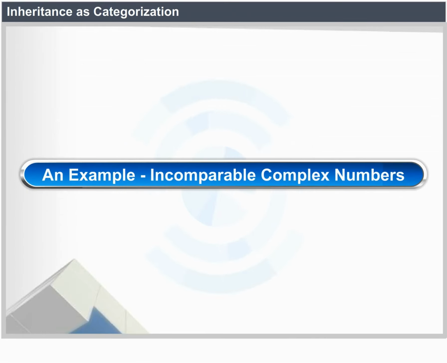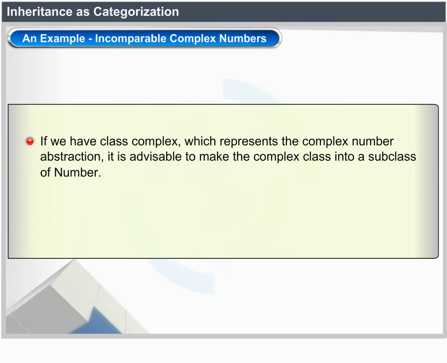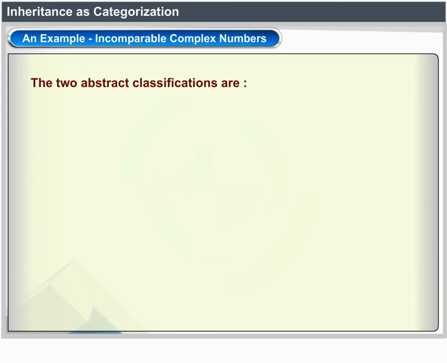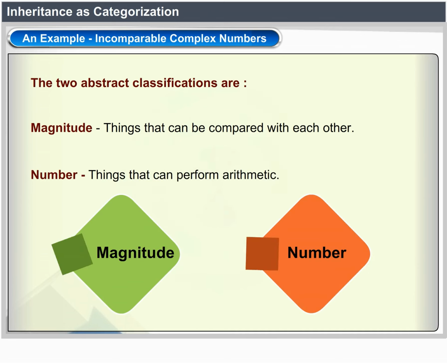An example: incomparable complex numbers. If you have a class Complex which represents the complex number abstraction, it is advisable to make the Complex class a subclass of Number. There are two abstract classifications: Magnitude, things that can be compared with each other, and Number, things that can perform arithmetic.